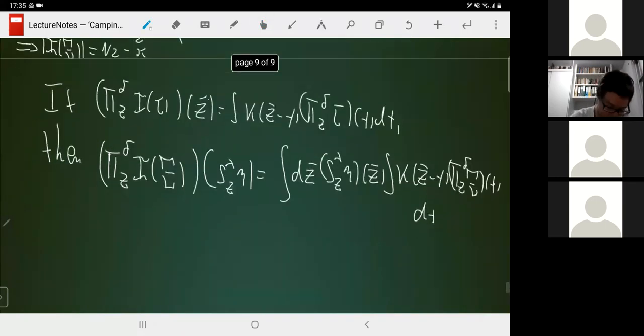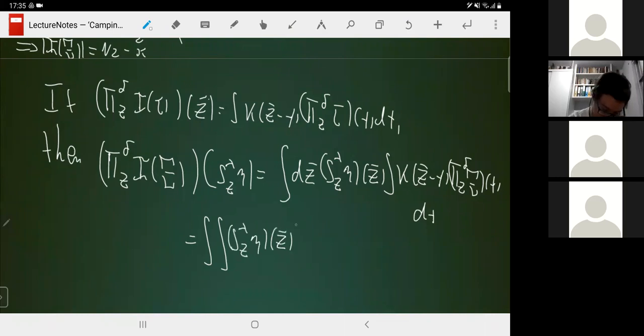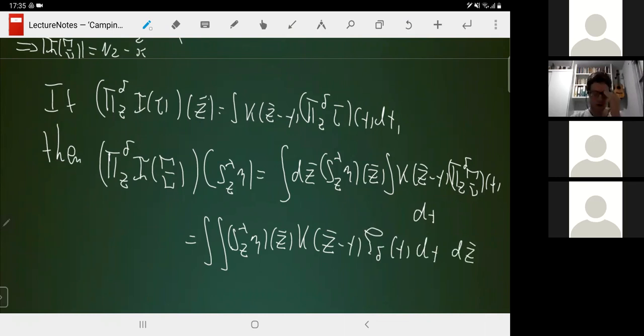So let's see what this is. Here we have two integrals. So you have the integral of z lambda eta of z bar, k of z bar minus y psi delta y dy dz bar.